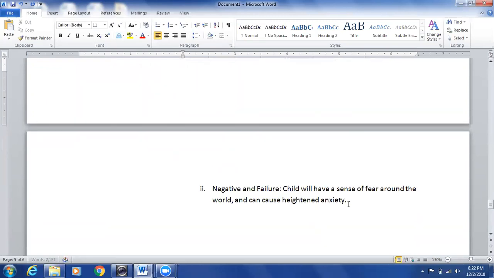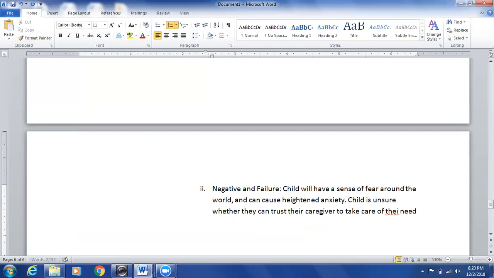And the main thing here is they're trying to gain a sense of who they can trust and who they can't trust. So they might have some skepticism, which means the child is unsure whether they can trust their caregiver to take care of their needs.